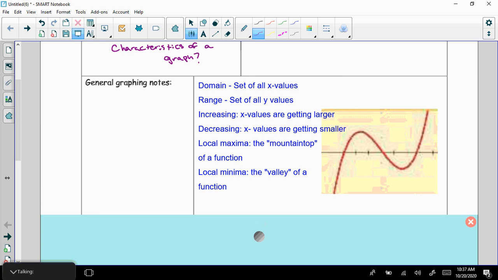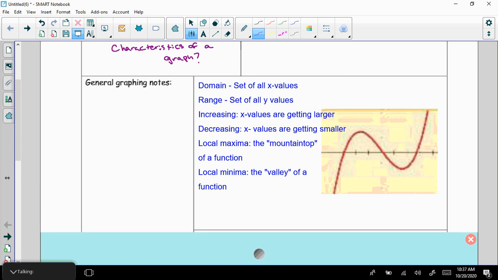We can look at this graph over here to the right and identify some of those key components. Hopefully, just based off that definition, you can tell that it's increasing along this interval here. This would be increasing. And then it decreases from there to here.